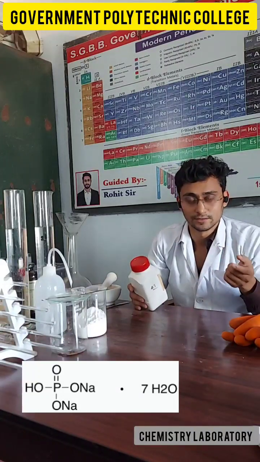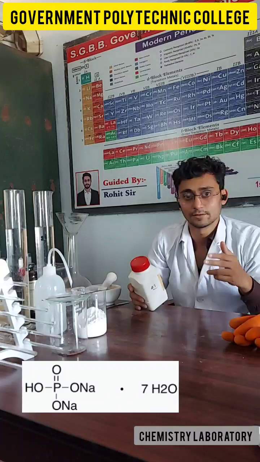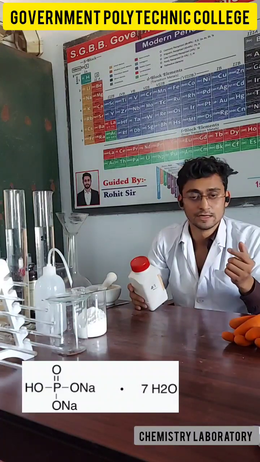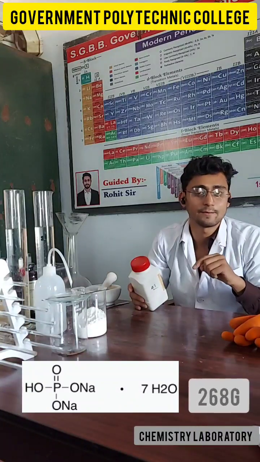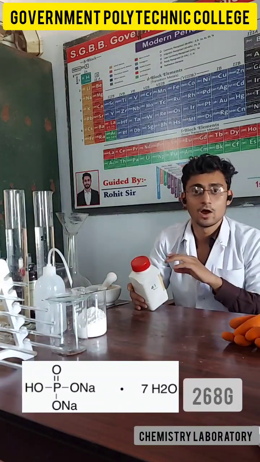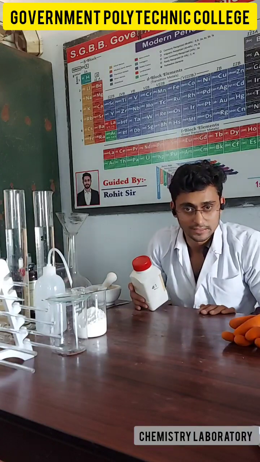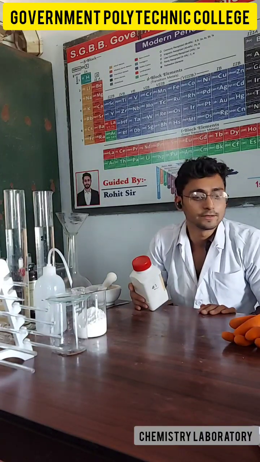In the case of 7 molecules, 7 times 18 is approximately 126. So now you have to add 142 plus 126, approximately 268 grams of salt in the case of the heptahydrate. This is about the amount of salt that is dissolved in the water.